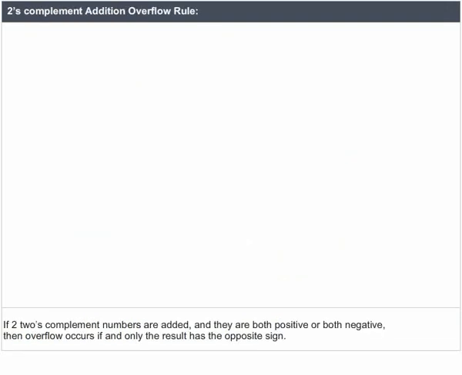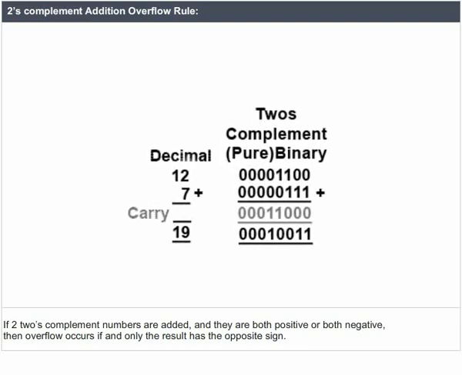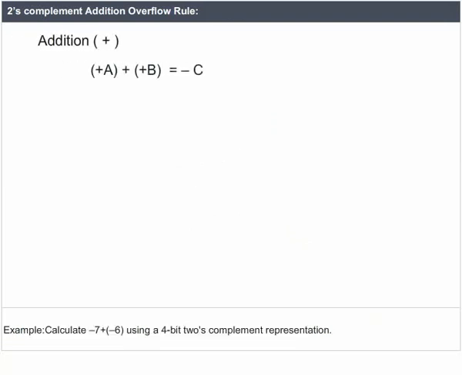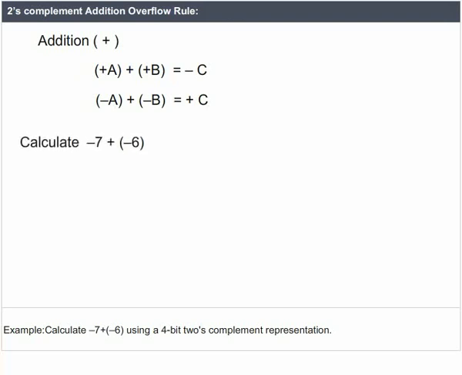2's complement addition overflow rule. If two 2's complement numbers are added and they are both positive or both negative, then overflow occurs if and only if the result has the opposite sign, that is, plus A plus B equals minus C, or minus A plus minus B equals plus C. Example: calculate minus 7 plus minus 6 using a 4-bit 2's complement representation.